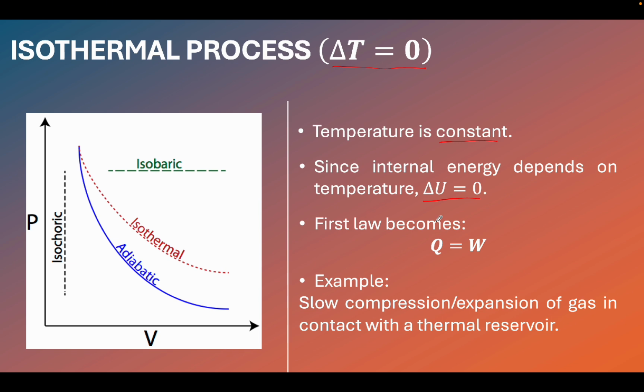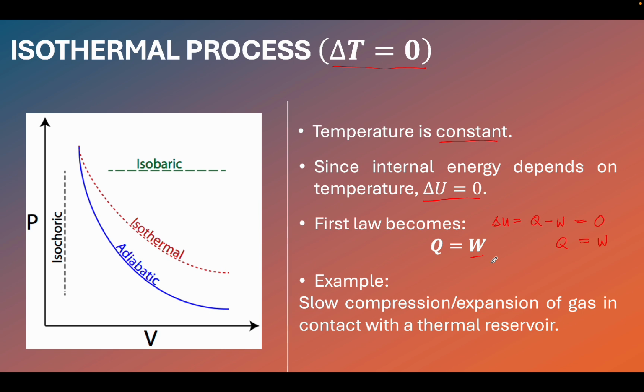From the first law of thermodynamics, again, the formula is delta U equals Q minus W. If delta U is equal to 0, it means that Q is equal to W, or the heat added to the system is equal to the work done by the system.